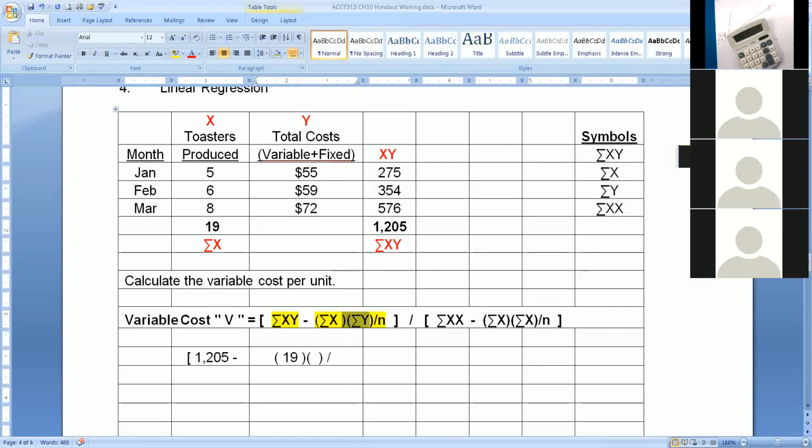We're going to the second one here. Sum of y. So we're going to sum up all these y's.